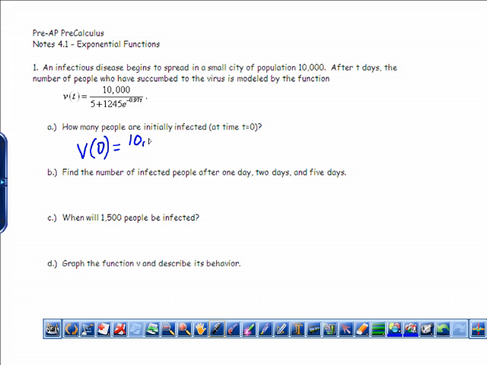So I could do this one by just dividing 10,000 by 5 plus 1245, or that would be 1249. Oh, whoops, not 1249, 1250. And that gives me exactly 8. Okay, so I would say 8 people.